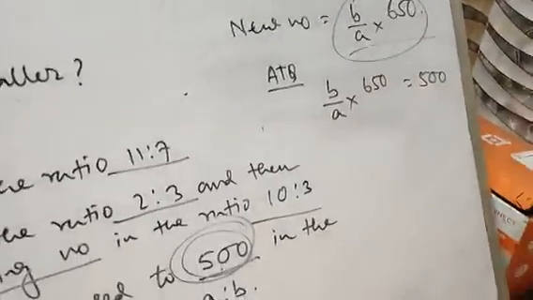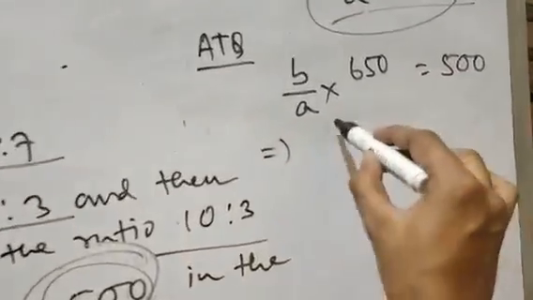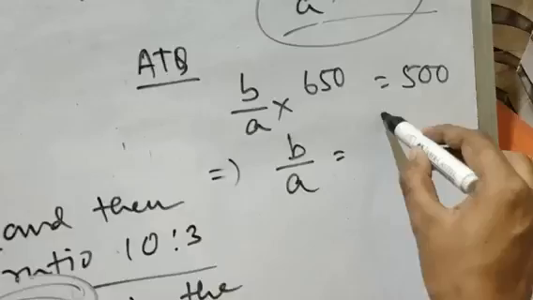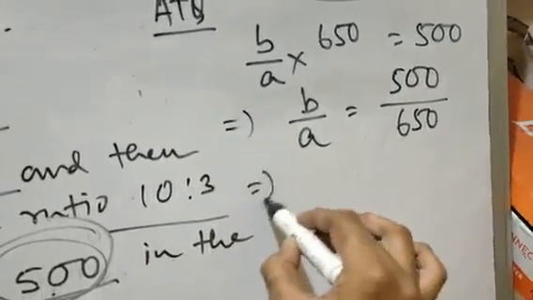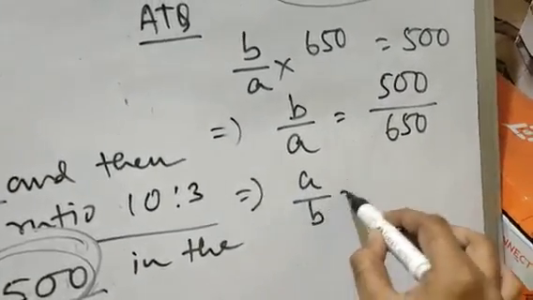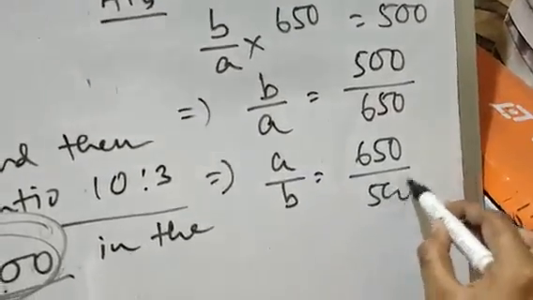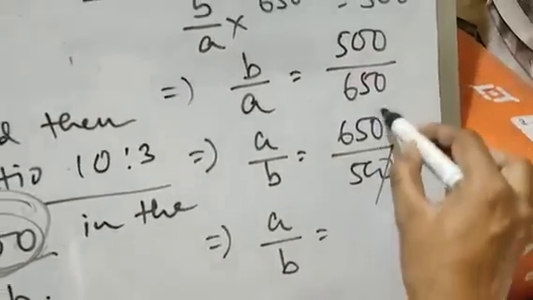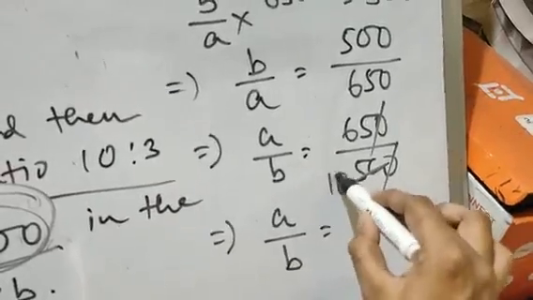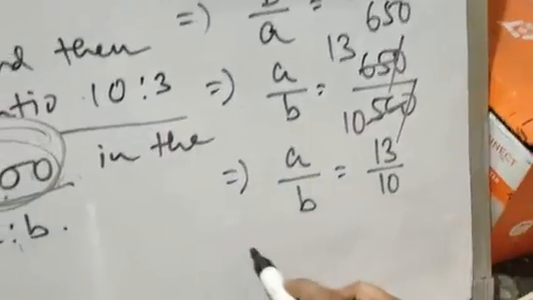Now from here you will easily find A is to B. So B by A will be 500 divided by 650. That means A by B will be just the reverse, 650 by 500. Now reduce, 0 0, reduce it by 5: 5 10s are 50, 5 13s are 65, 13 by 10.